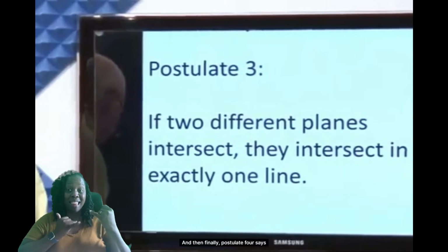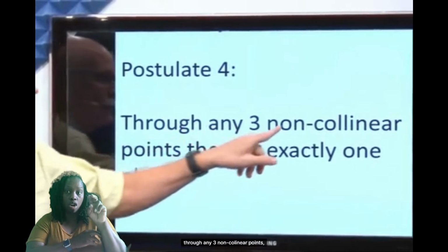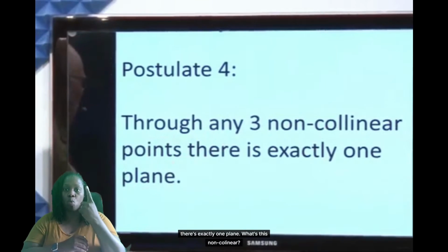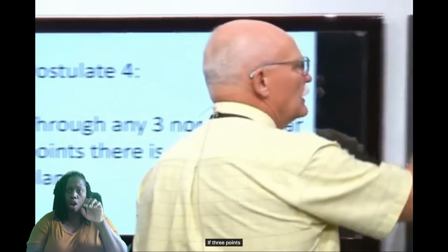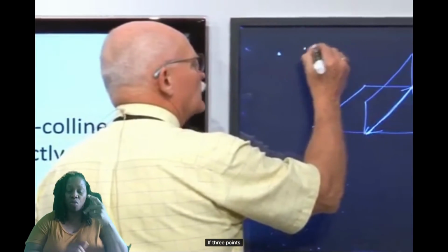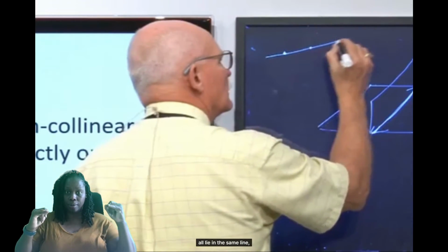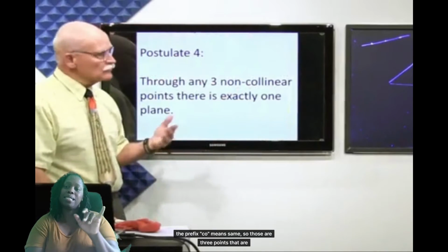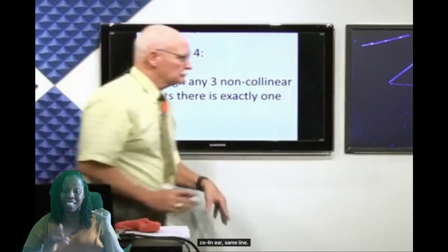And then finally, postulate 4 says, through any three non-collinear points, there's exactly one plane. What's this non-collinear? If three points all lie in the same line, the prefix co means same. So those are 3 points that are collinear, same line.